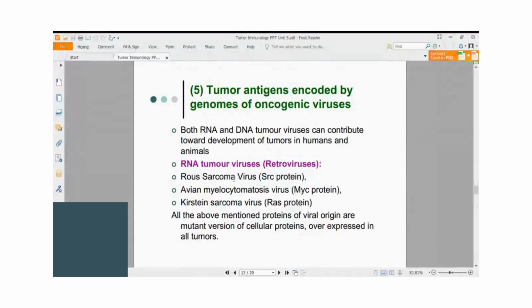Because of the SRC domain of the EGF receptor, this virus, because it is a retrovirus, produces the cDNA from the RNA. And that cDNA gets incorporated at the same site where the proto-oncogene for SRC protein was present.